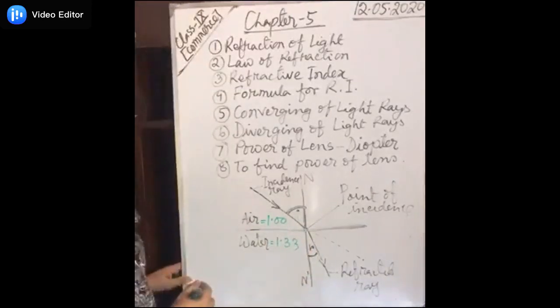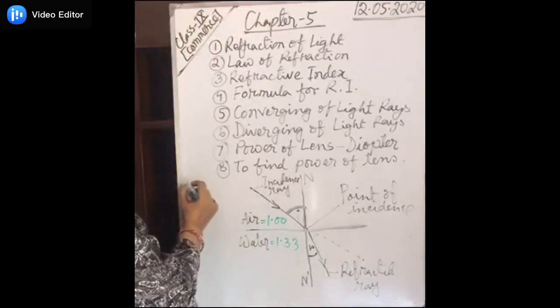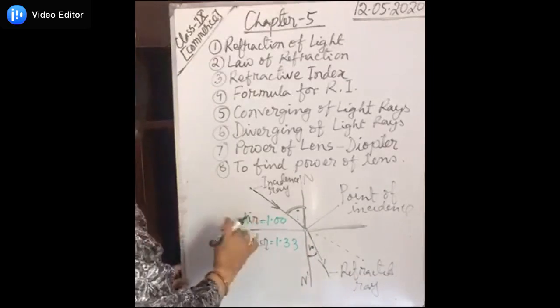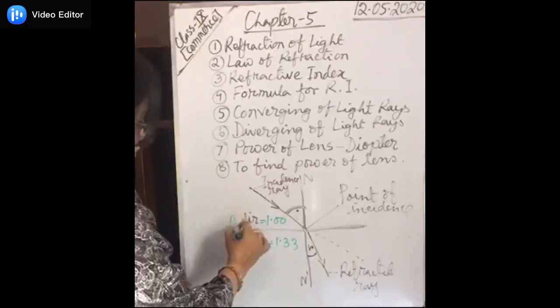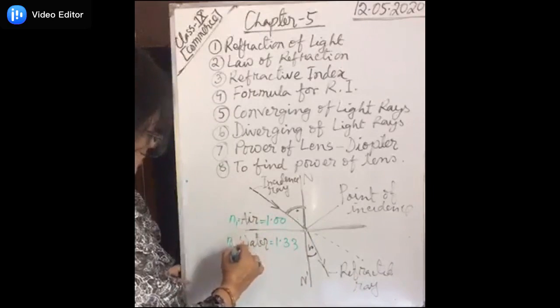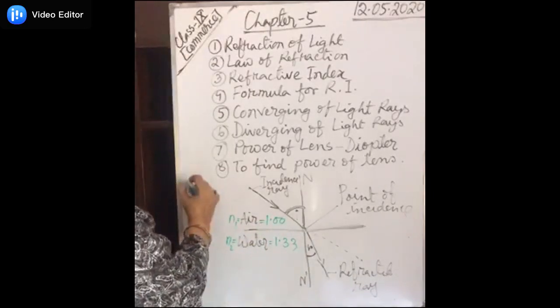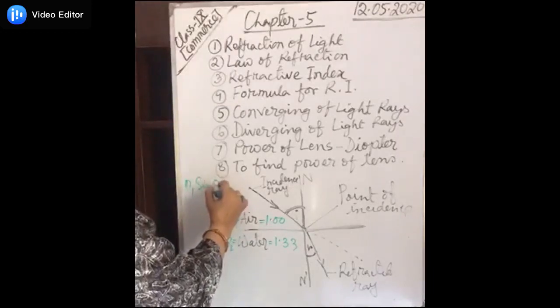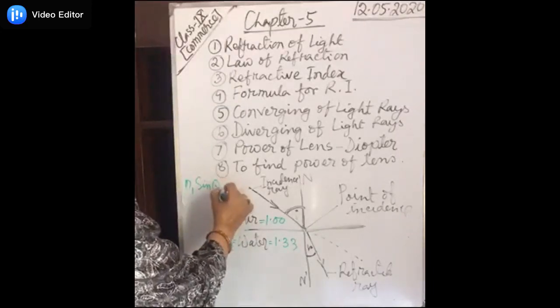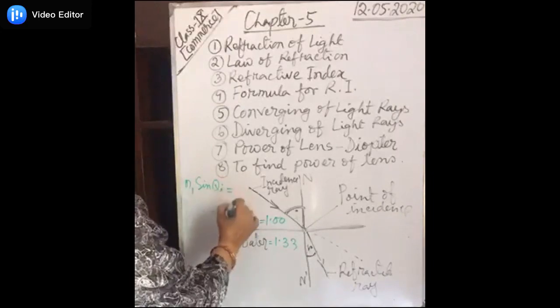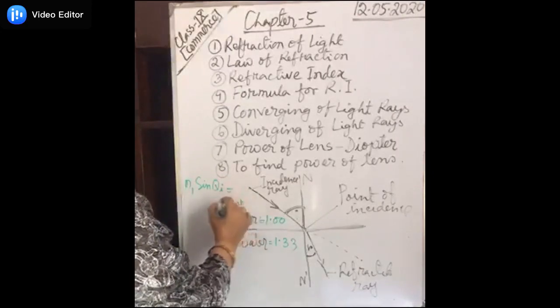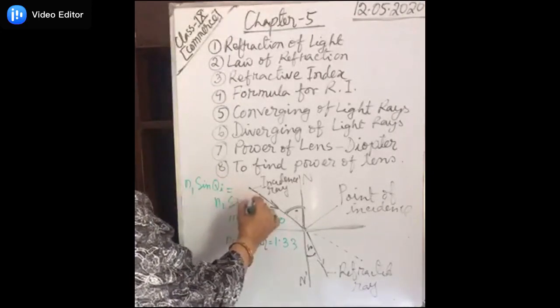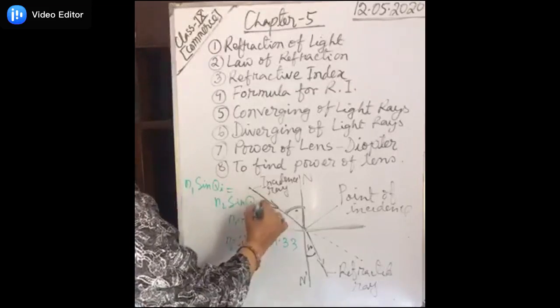So using the formula, if I name this medium N1 and this one N2, the formula will be like this: N1 sin theta I equals N2 sin theta R.